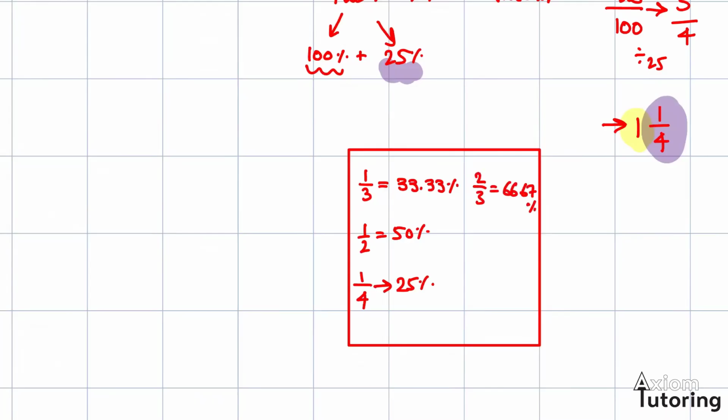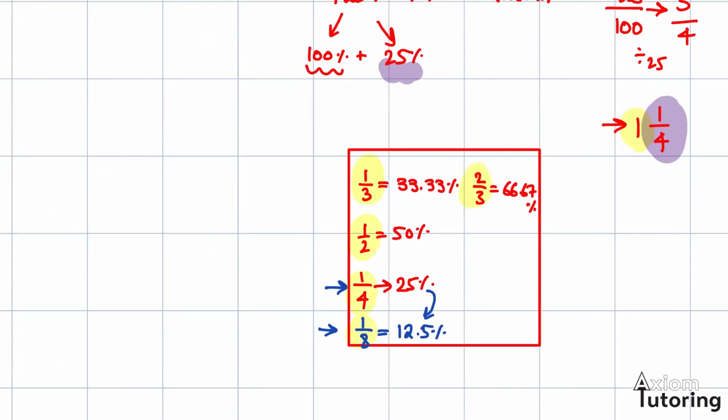And you can even use these to work out other fractions and decimals. So if a quarter is 25%, and that's half of a half, well, half of a quarter is an eighth, and half of 25 is 12.5%. So these are worth remembering just as results that you keep in mind when you do questions.